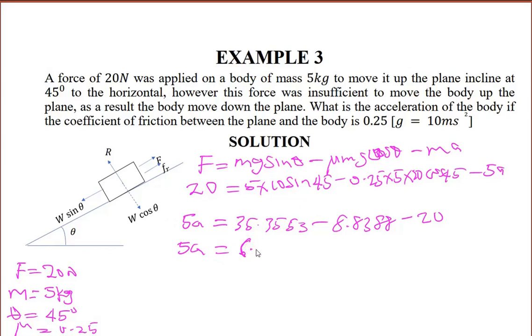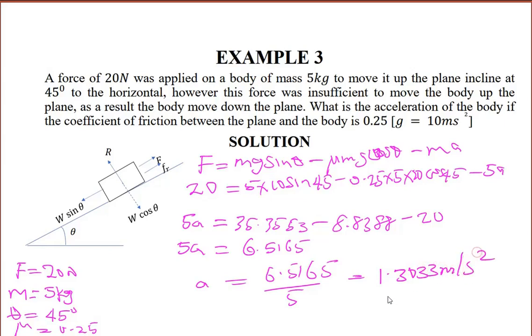That gives us 6.5165. So a will be 6.5165 over 5, which gives us 1.3033 meter per second squared.